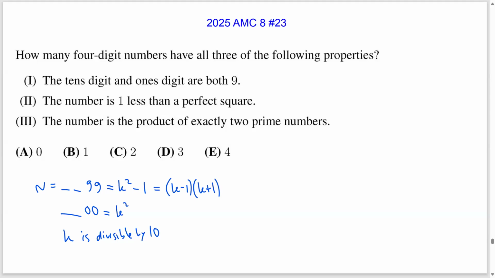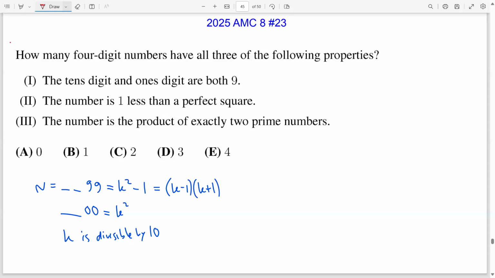And so in order to satisfy property 3, both k minus 1 and k plus 1 have to be prime. So therefore, we can find the number of possible values for k such that k is divisible by 10, and k minus 1 and k plus 1 are both prime.